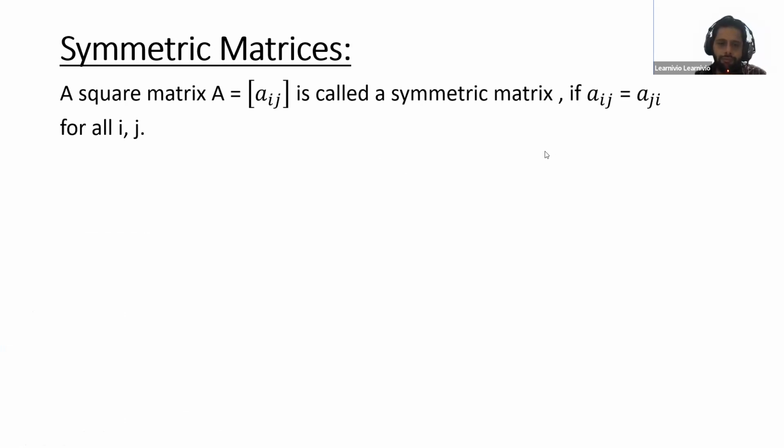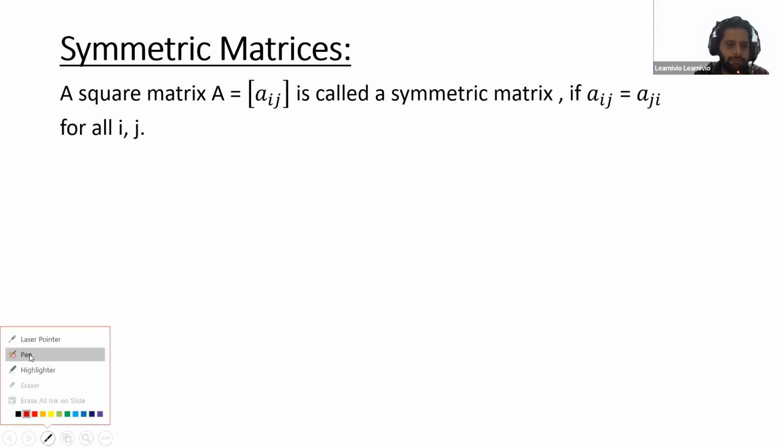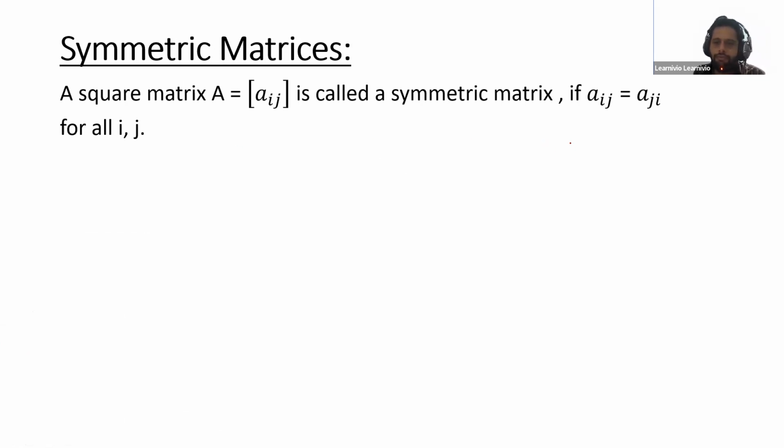Please check here. Suppose we have this matrix, A is equal to 1, 2, 3; 4, 5, 6 arranged so that the first row is 1, 2, 3, the second row is 4, 5, 6.